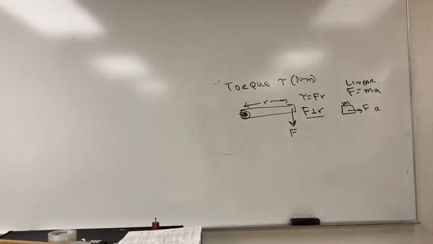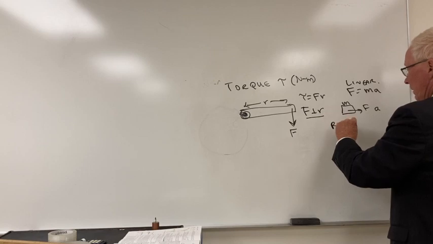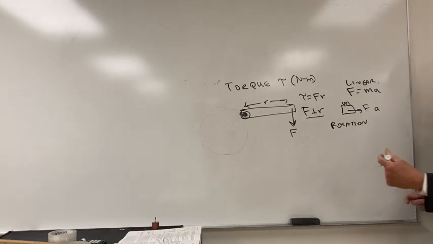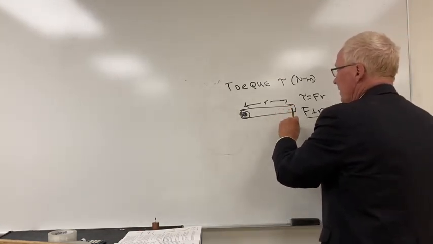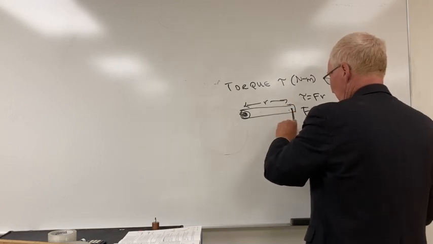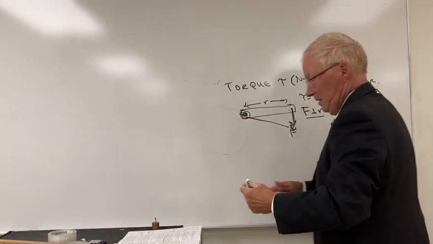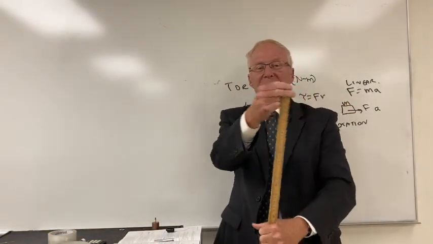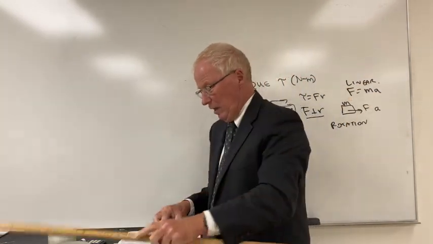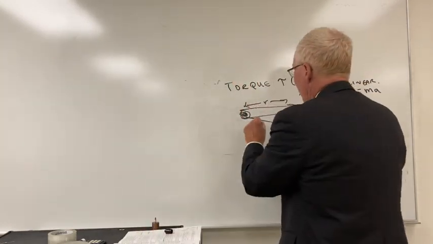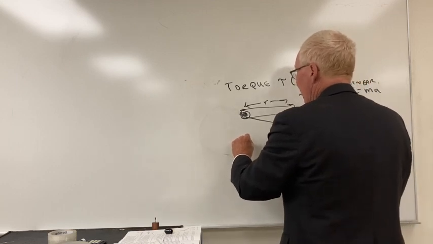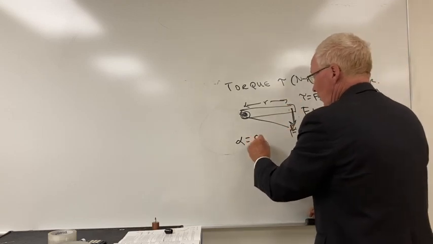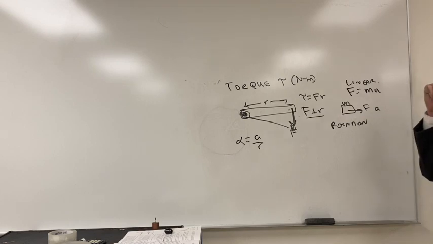For rotation, we have a concept of angular acceleration. It rotates, you put a force on it, and assuming there's no resistance, it will accelerate faster and faster as we go around. So our relationship between alpha and how far it's actually accelerating is alpha equals a over r.